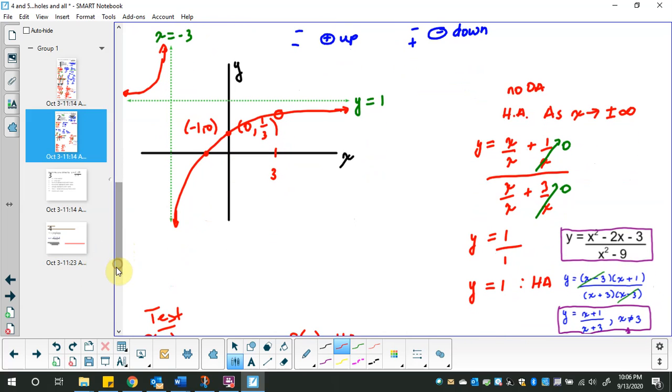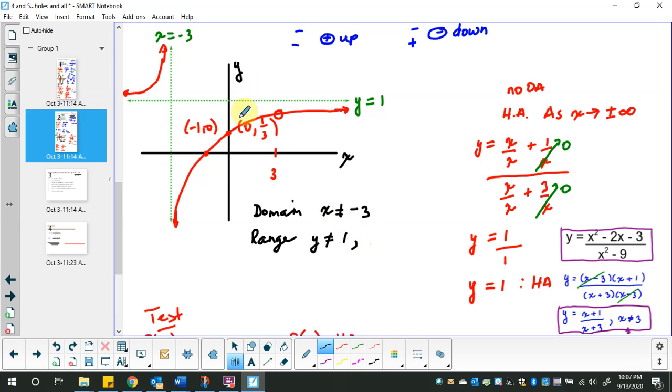Let's look at domain first, which should be the easiest because we already know what our vertical asymptote was. And in this question, the range is not everything. We do skip over values here. And the values we skip over, we definitely don't touch the horizontal asymptote.